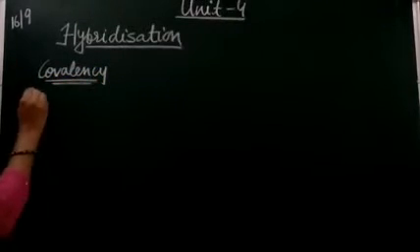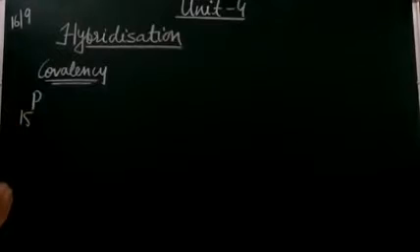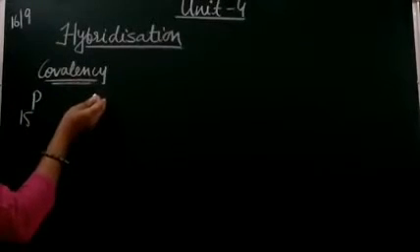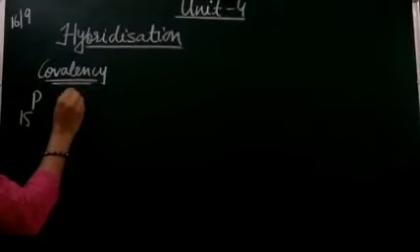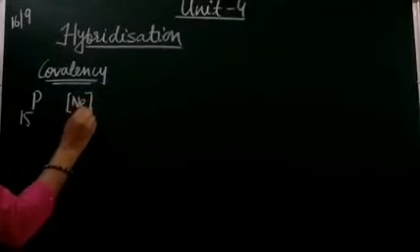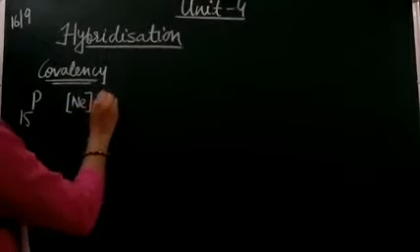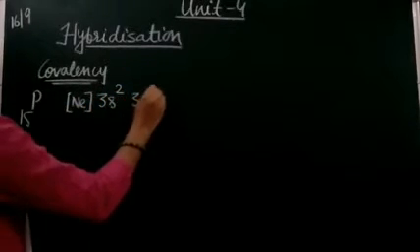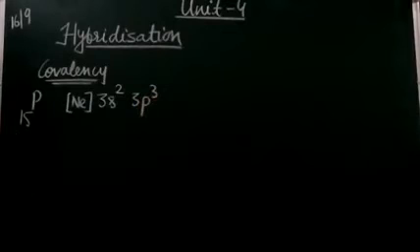Now let's take an example of phosphorus first. You know that phosphorus has atomic number 15. So when you write down its configuration, here we are just trying to write its condensed form. Neon is 10, right? So we'll write it as 3s2, 3p3.